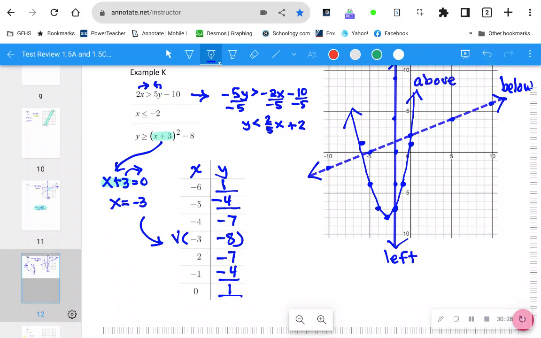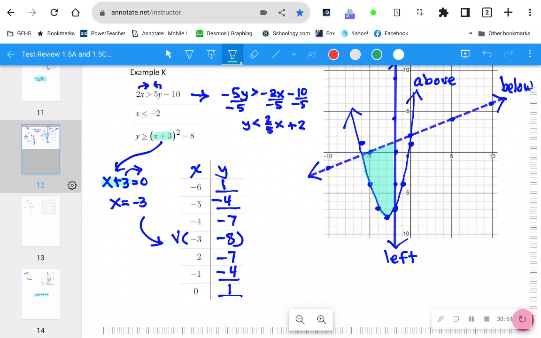So we have to be below the dash line, to the left of the vertical line, and above the parabola. So here's your solution set. It's all the points that are in this area here, and you got to be careful to stay to the left of that vertical line. And that does it for that problem.